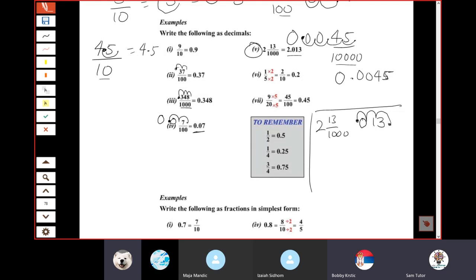So this becomes 0.013. But the number at the beginning has to be a 2 because there's a whole number of 2. So instead of being a 0, it's meant to be 2 point 013. All right.